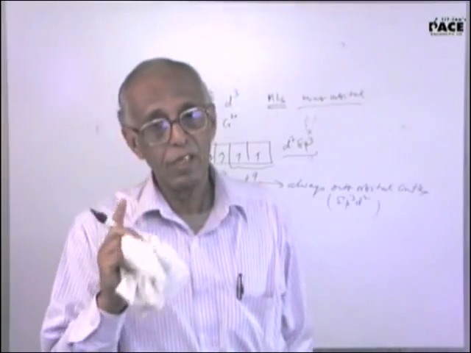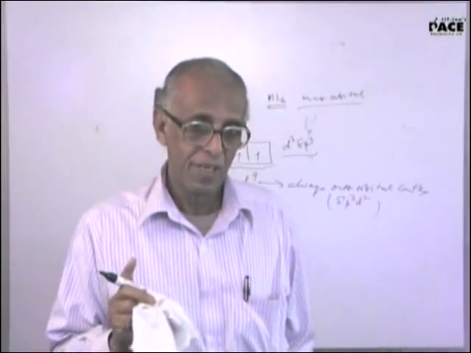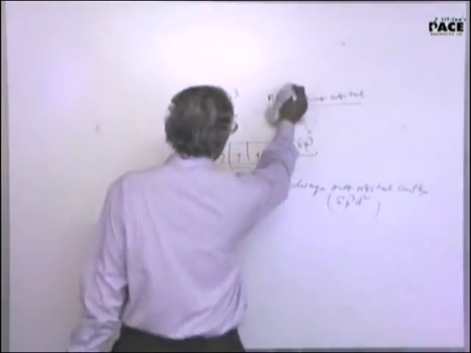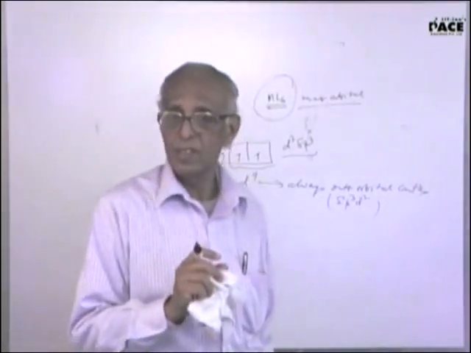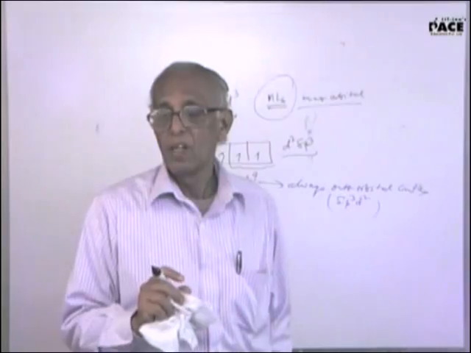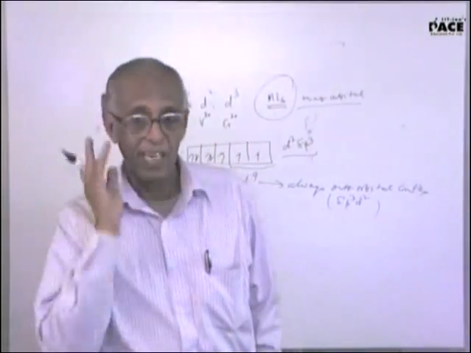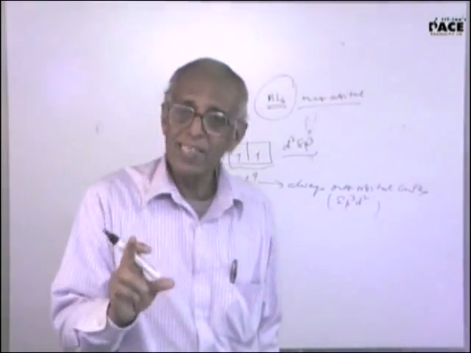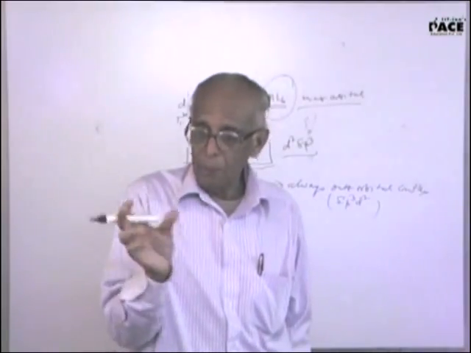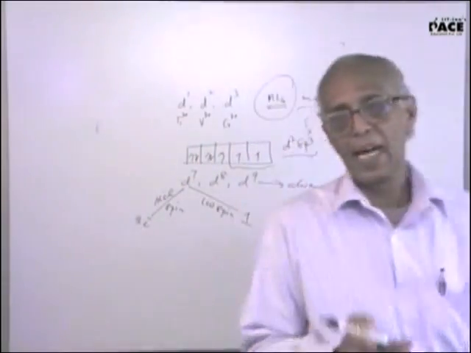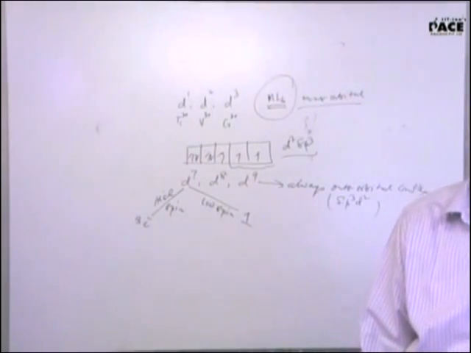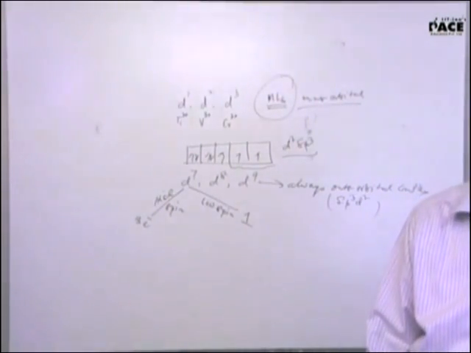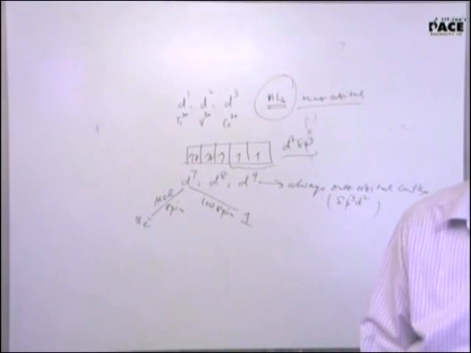When the octahedral complex is concerned, for ML6, I am discussing the octahedral complex. So for the octahedral complex, only D7 among D7, D8, D9 can form high spin and low spin. But D8 and D9 will always form high spin.